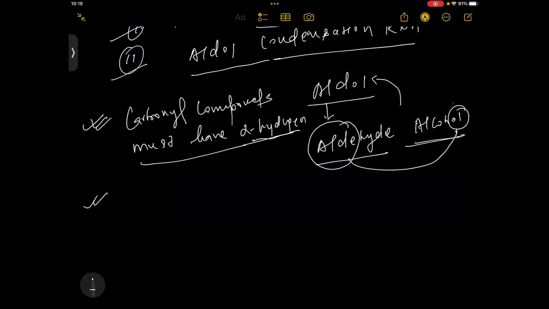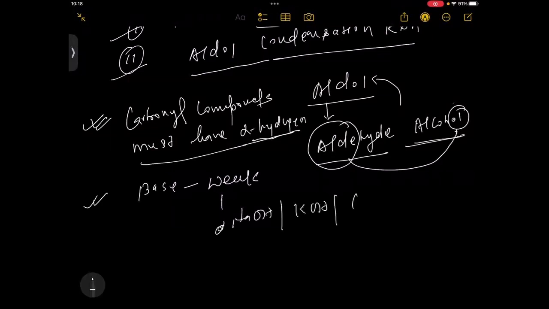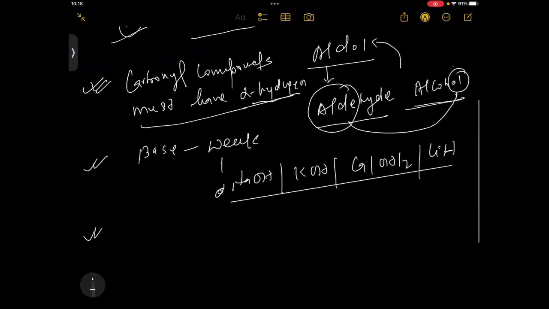So we take a weak base like NaOH, KOH, calcium hydroxide, lithium hydride. Now the third is the solvent. We will use a polar protic solvent here.